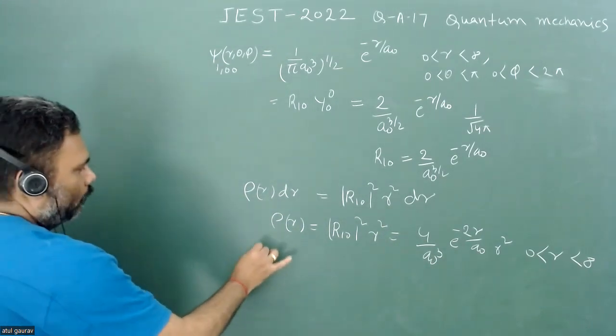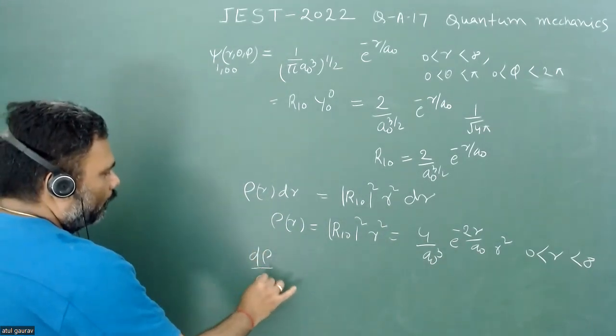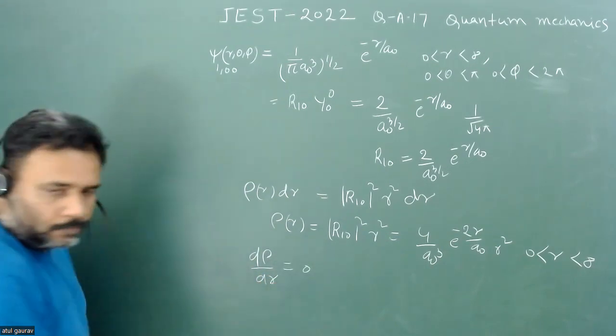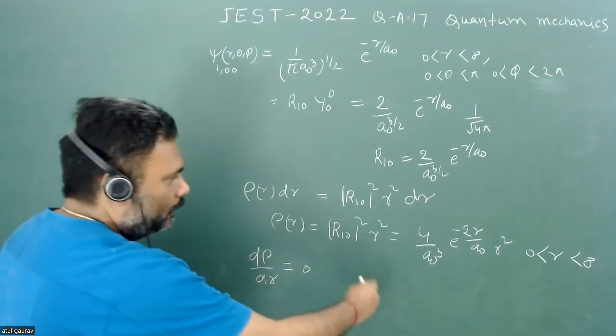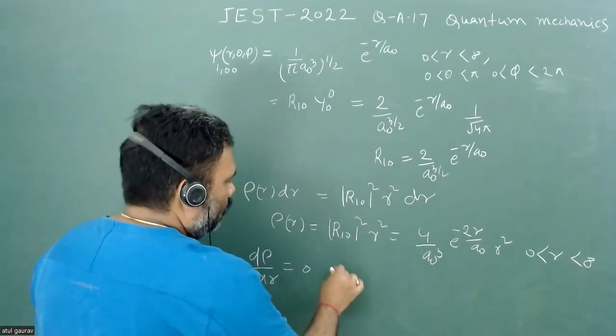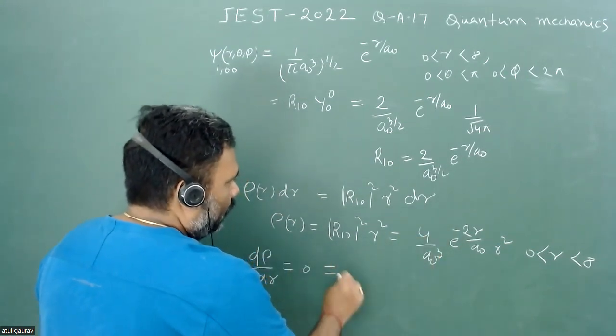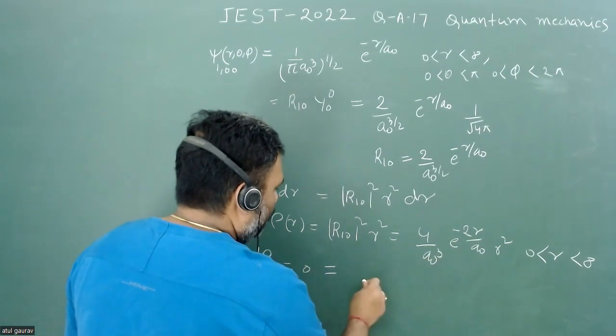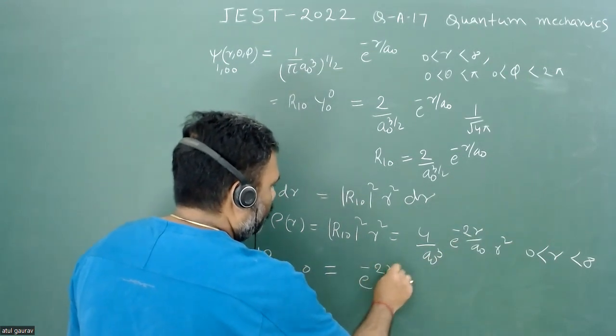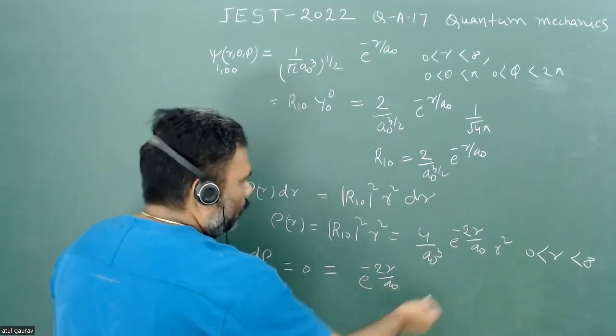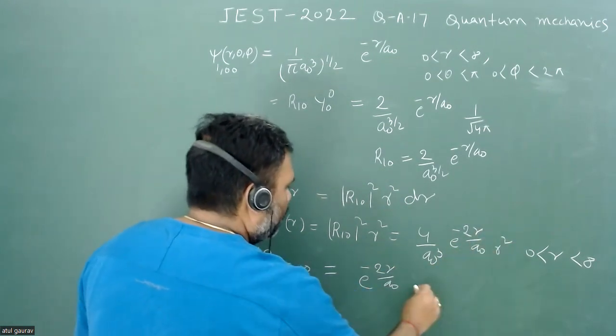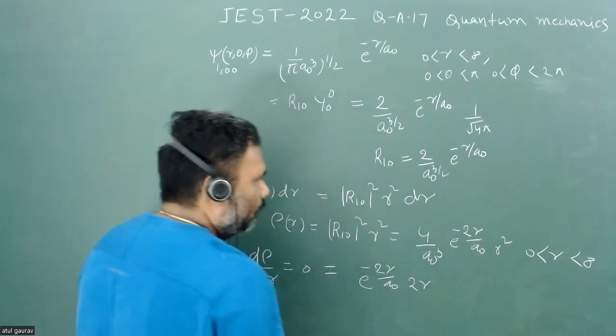So we go for d rho upon dr must be equal to 0. The prefactor is a constant value, so we take it out. We have e to the power minus 2r upon a0, and we differentiate r squared, so that will be 2r.